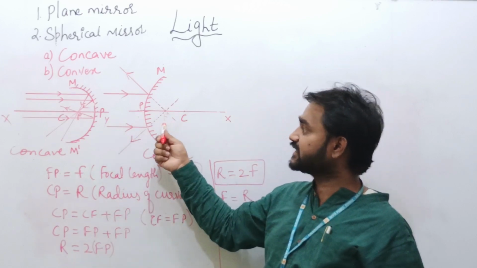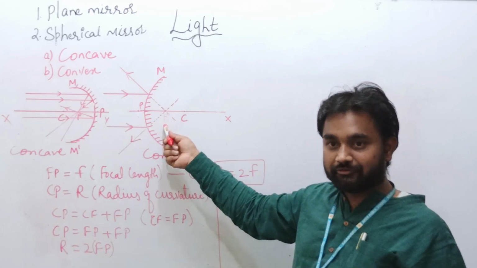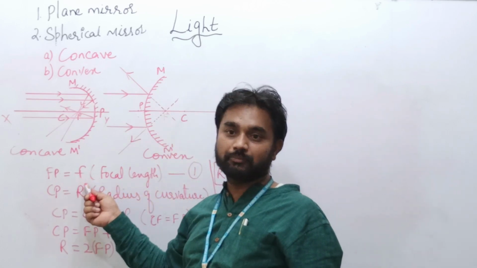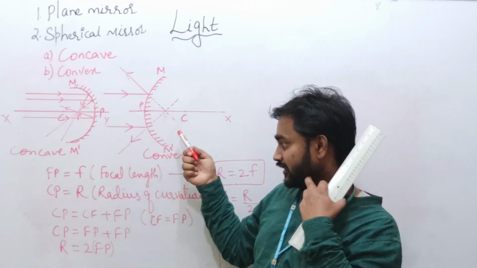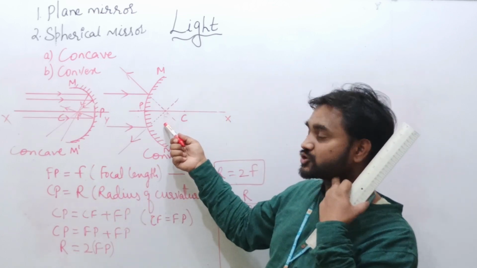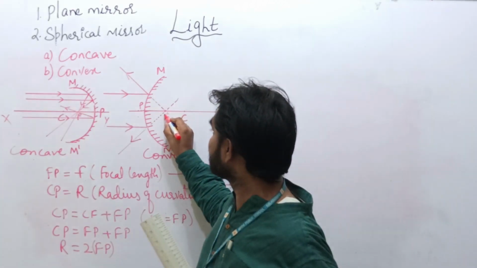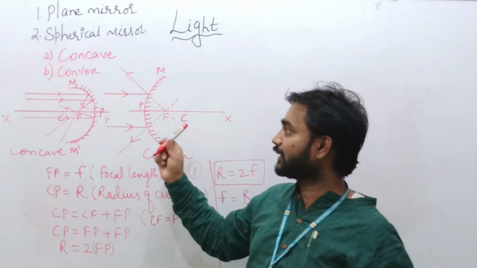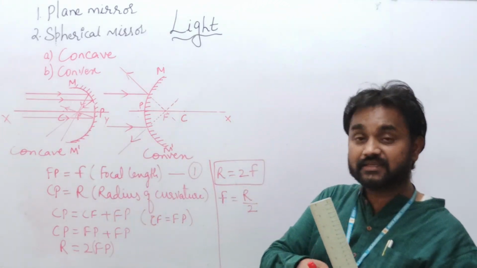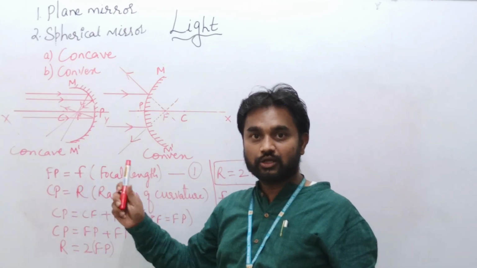Here you can see the principal focus is always denoted by capital F, and focal length should be denoted by small f. The principal focus should be in bold capital letters, and focal length should be in lowercase.